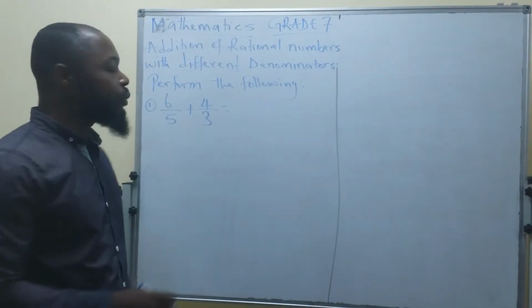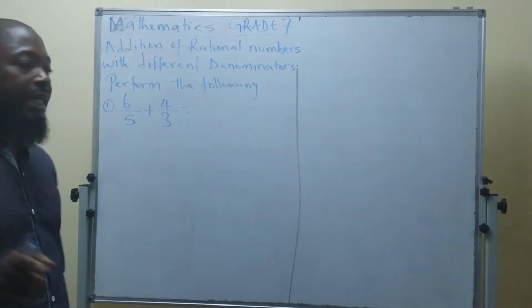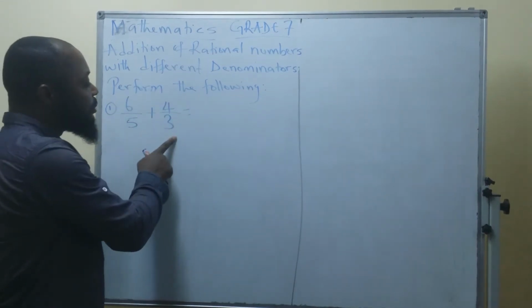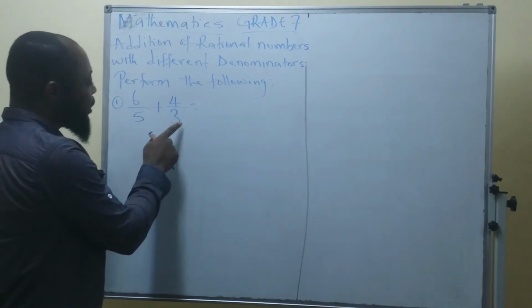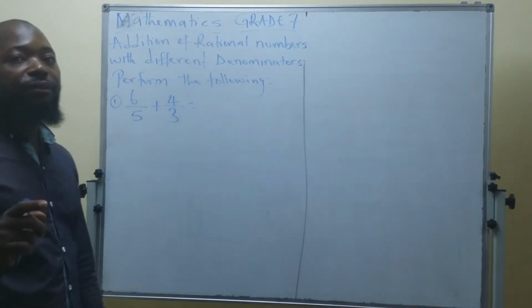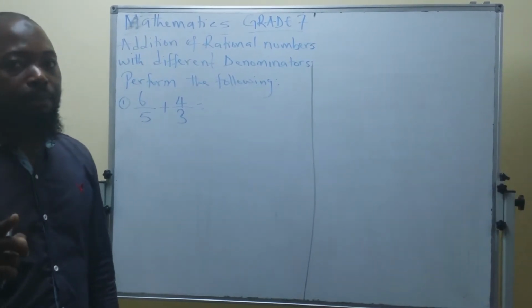To do that, once you have different figures like this, you try to check, can you divide this first denominator by the second denominator? If possible. If no, you try again, use the second denominator to divide the first denominator. If one of it is possible, you will use that as your LCM. Okay?